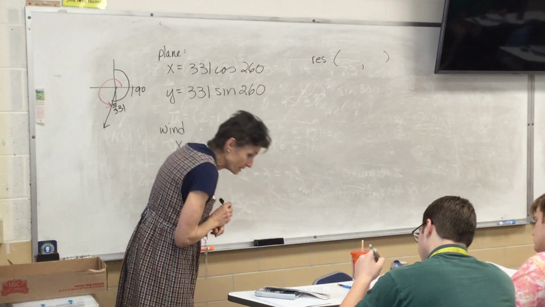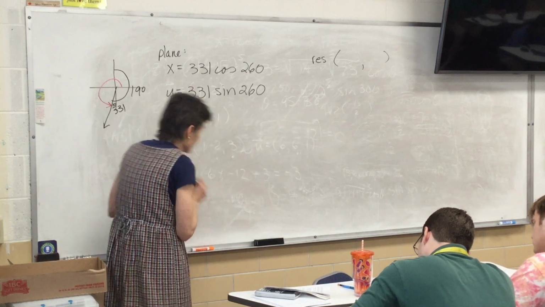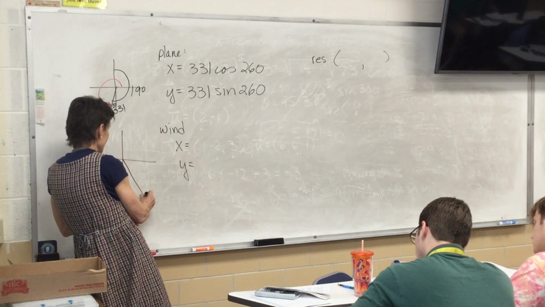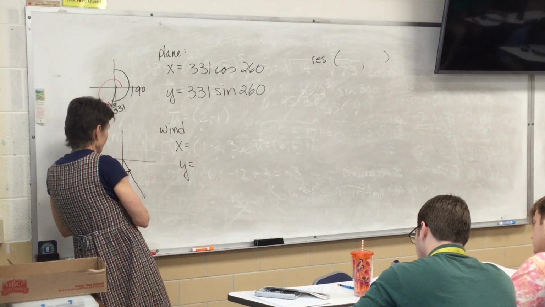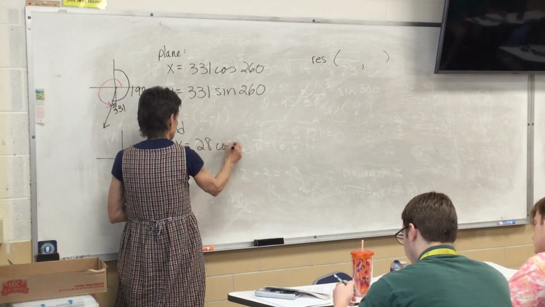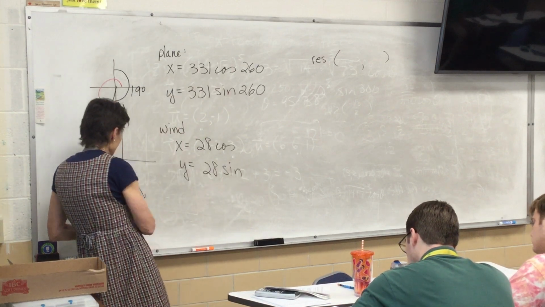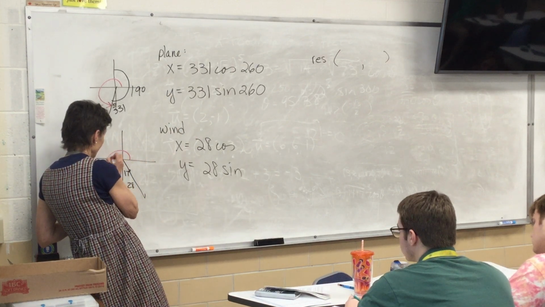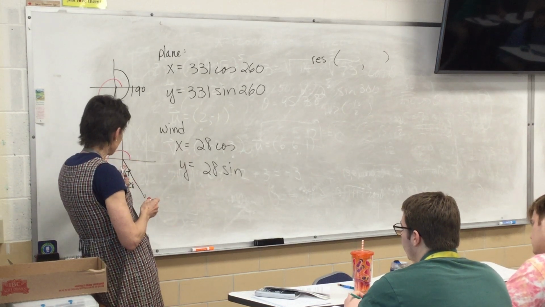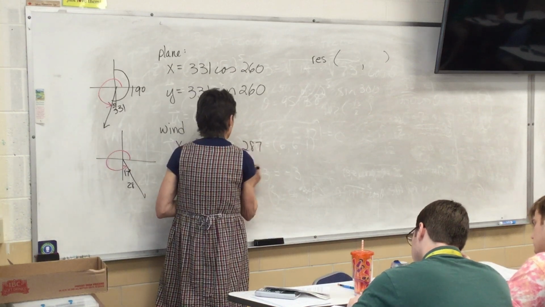And then the wind is south 17 degrees east. So go south and then veer 17 degrees east. It's 28 miles an hour. So the wind is going to be 28 cosine and 28 sine something. And the angle I need is not 17, the angle I need is this one, which will be 270 plus 17, so 287.